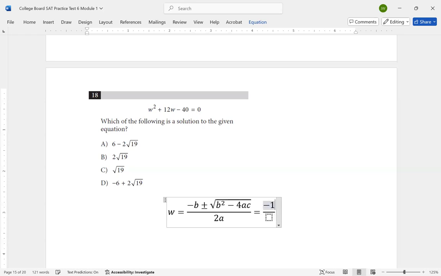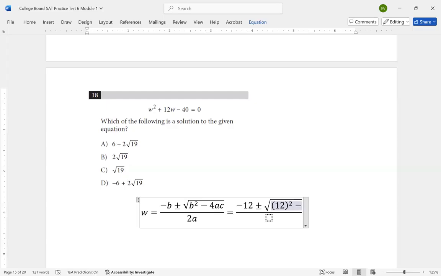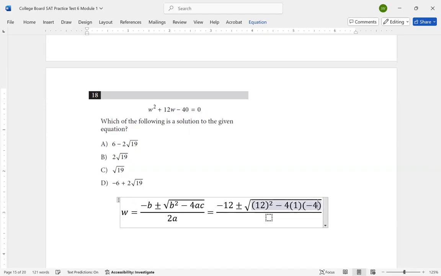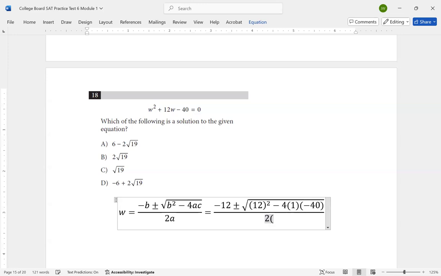So in this case, we'd be getting a negative 12 plus or minus the square root of, inside we get 12 squared, because our b is still 12, minus 4 times a. A is the coefficient of the w squared, so that's a 1, times c. C is the constant number, that's a negative 40, all over 2 times a, that's 2 times 1.